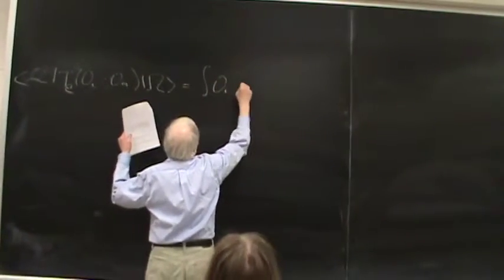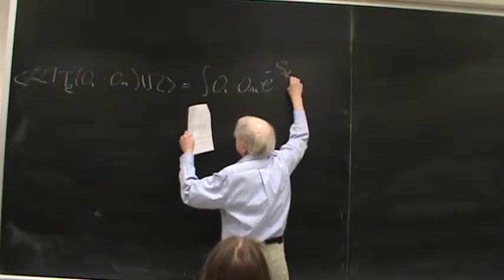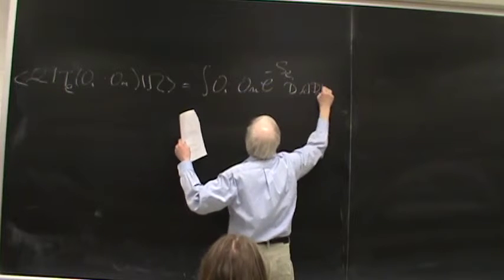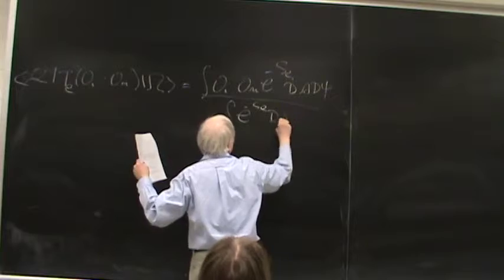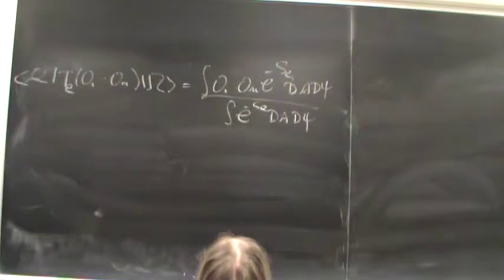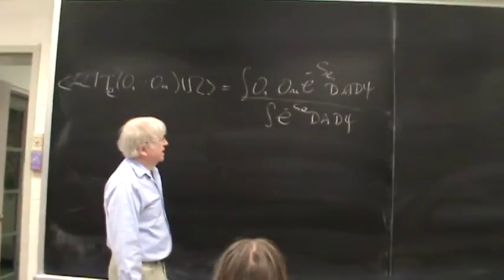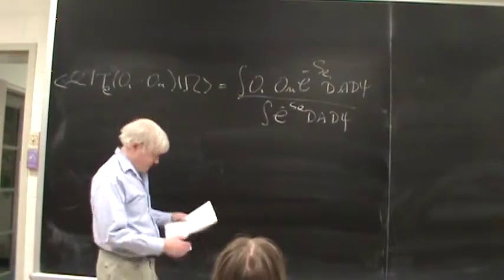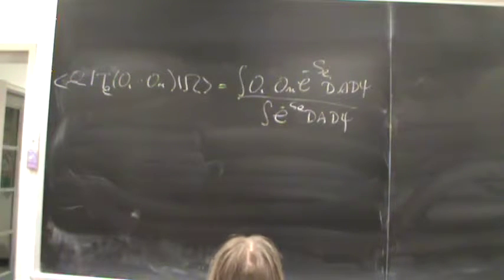This is O1 through On, e to the minus Euclidean action, dA, d psi, over the integral of e to the minus Euclidean action, dA, d psi. Now this is essentially the basis of lattice gauge theory or lattice field theory. I'll just say that. Okay, we have a few minutes left.